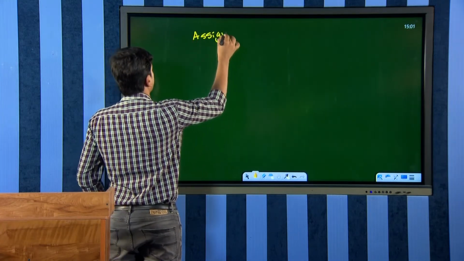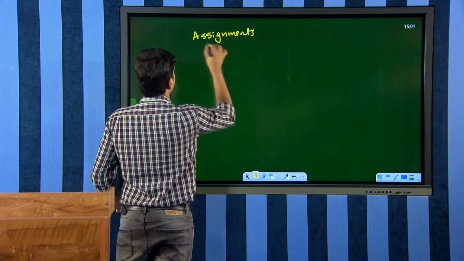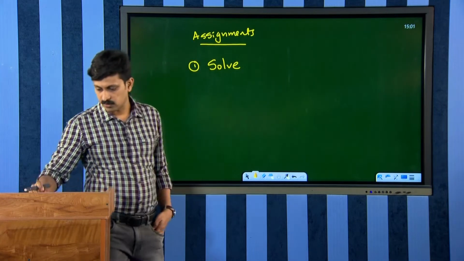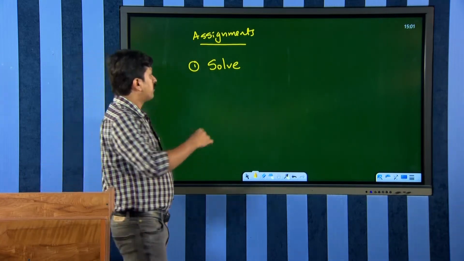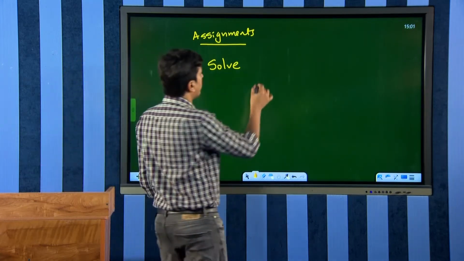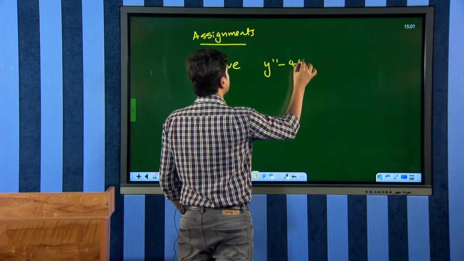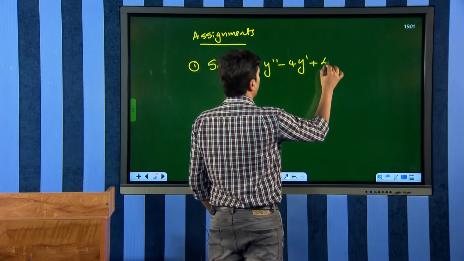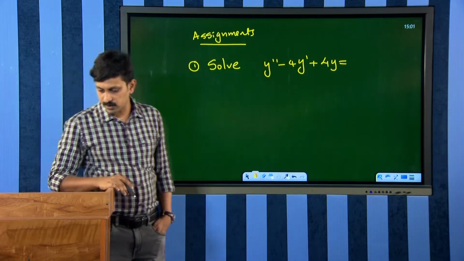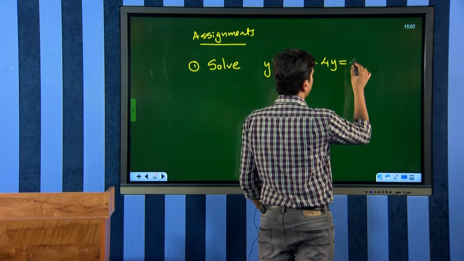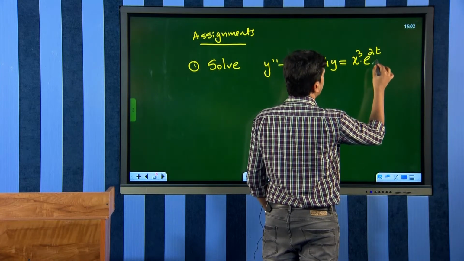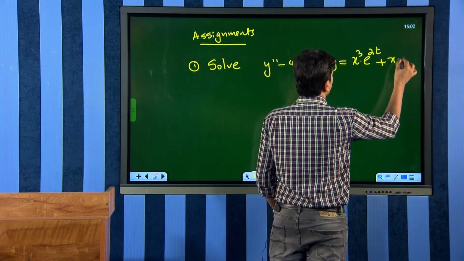Assignment: solve the non-homogeneous differential equation with the method of undetermined coefficients, y double dash minus 4y dash plus 4y is equal to t cube times e raised to 2t plus t times e raised to 2t.